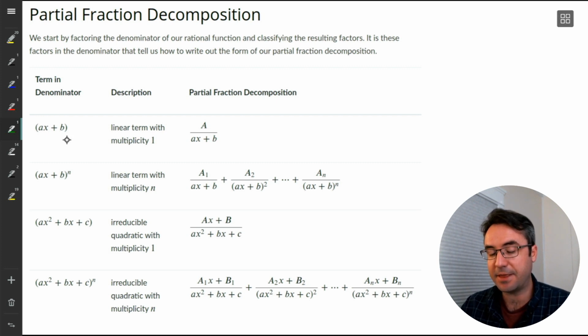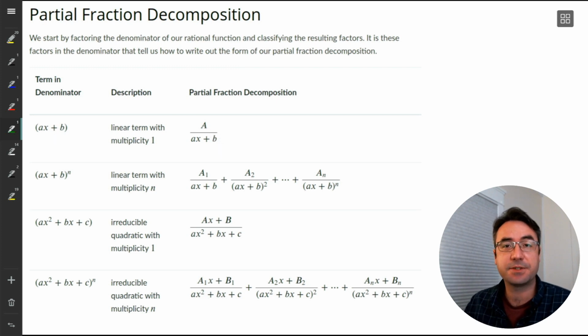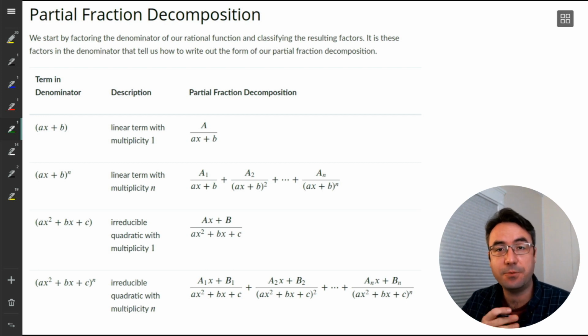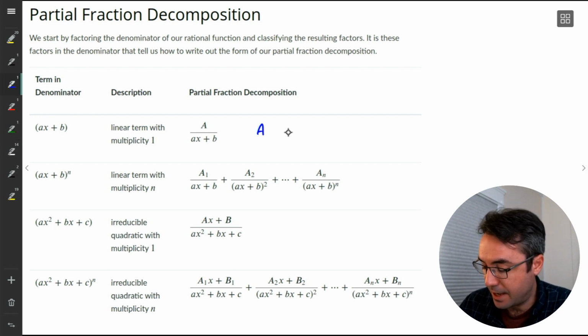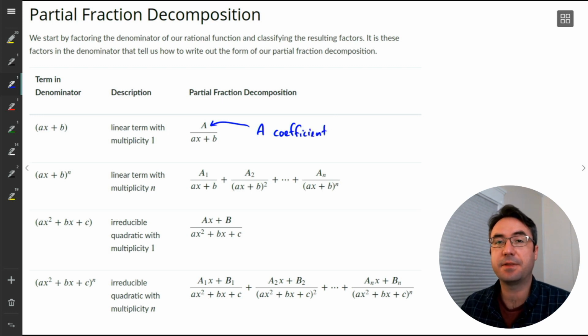In our partial fraction decomposition, when we break this rational function up into many smaller fractions, we're going to write something of this form: capital A over ax plus b, so capital A over our linear term. Here, we call A a coefficient. This is something that we need to figure out. It's going to be a constant.